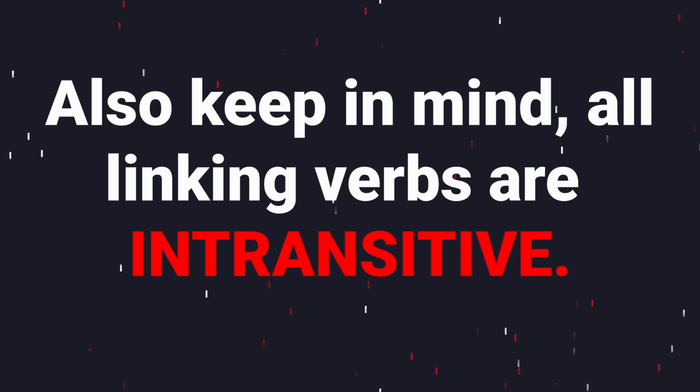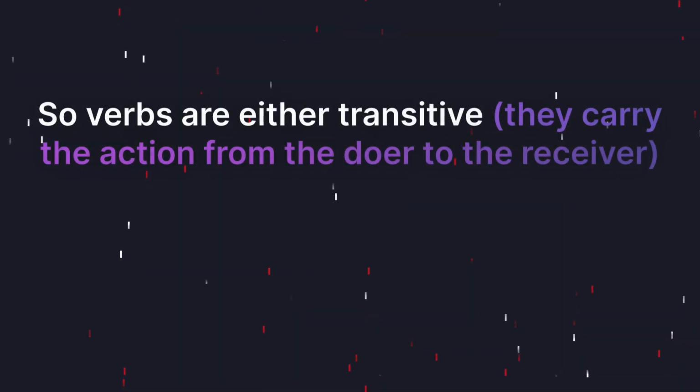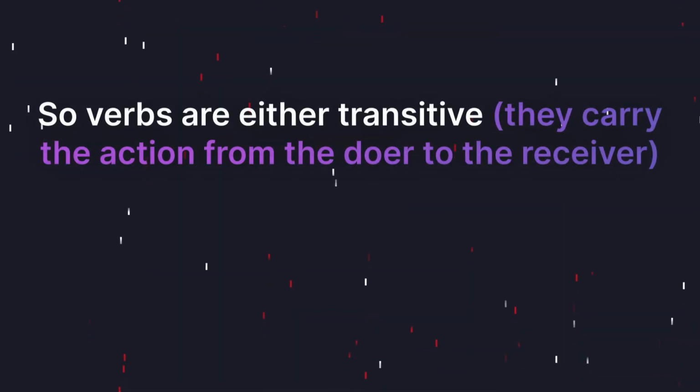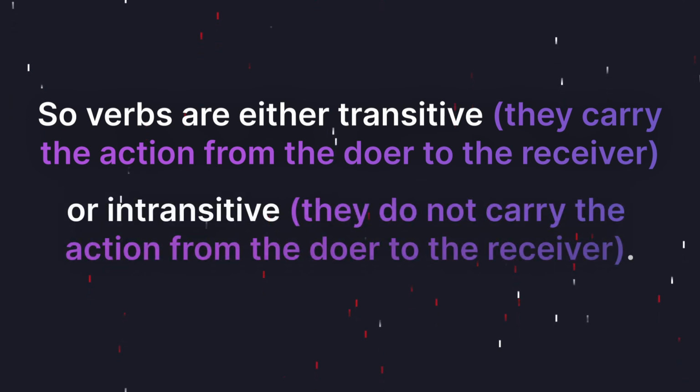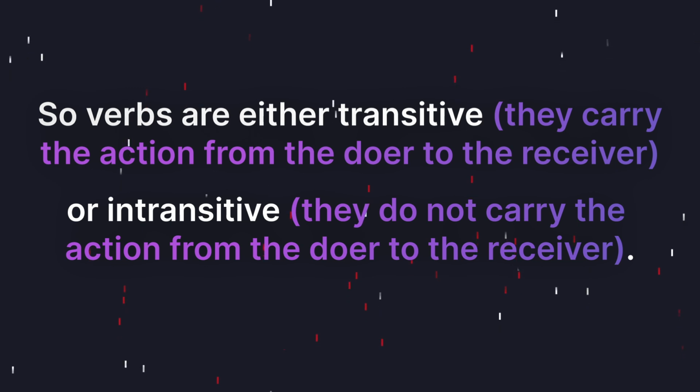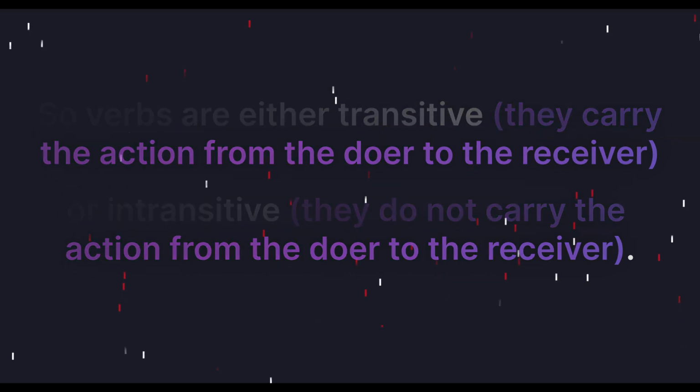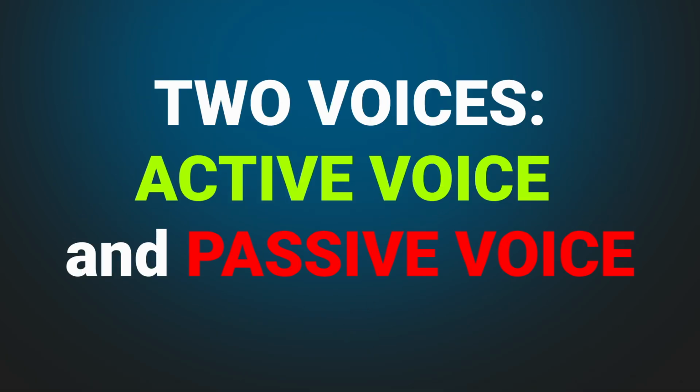That's important to remember. So verbs are either transitive, that is, a transitive verb carries the action from doer to receiver, or intransitive. An intransitive verb does not carry the action from doer to receiver. Finally, we have voice. Now there are two voices of verbs.